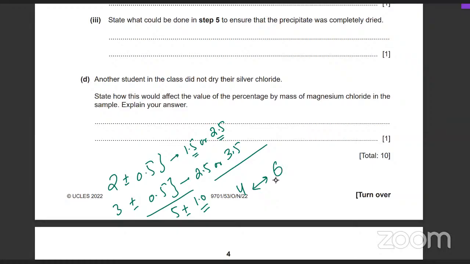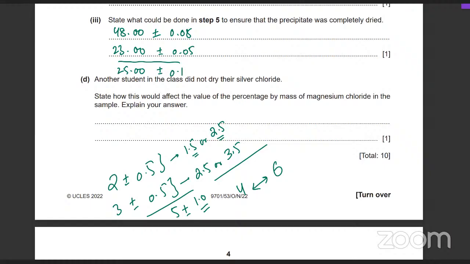For example, if you have two burette readings, like one burette reading is 48.00 and the error is plus minus 0.05, and the other burette reading is 23.00 plus minus 0.05 as well. If you take the difference, 48 minus 23 is going to give you 25, and the error is going to be double now.